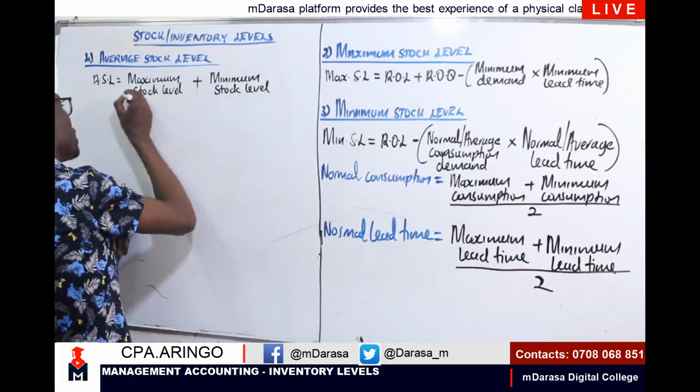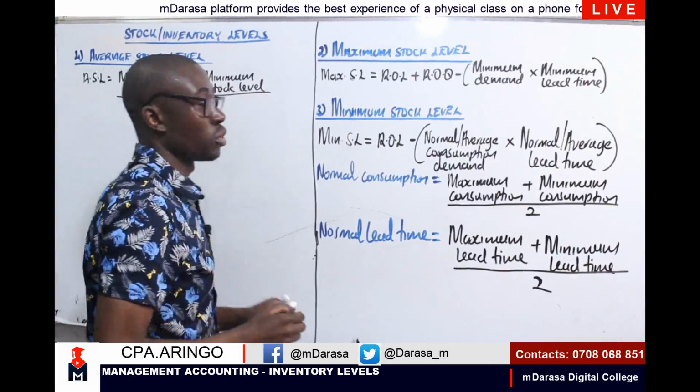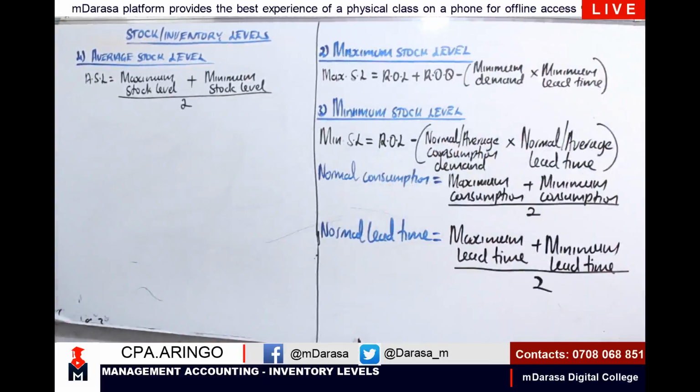Then of course we divide by 2. That will give us what we are referring to as average stock level.